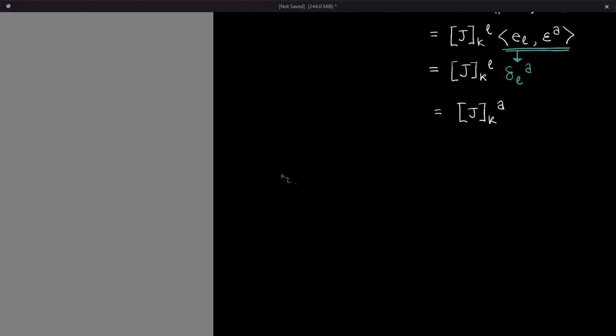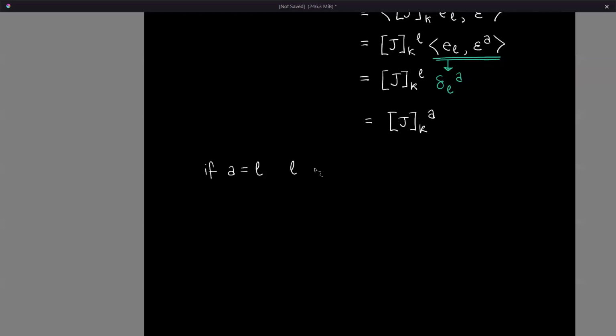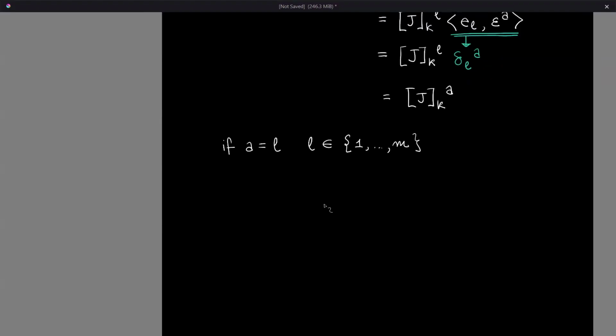Let's say that A is equal to L, where L is an index that goes, A is an element of 1 dot dot dot M. So L is an index that goes through the first half of the range.